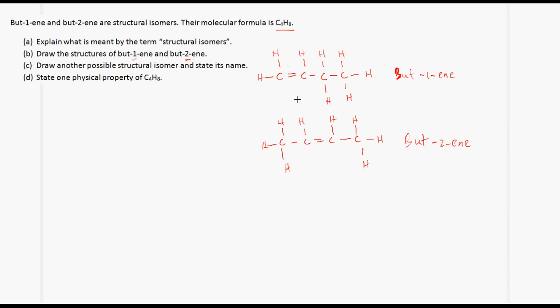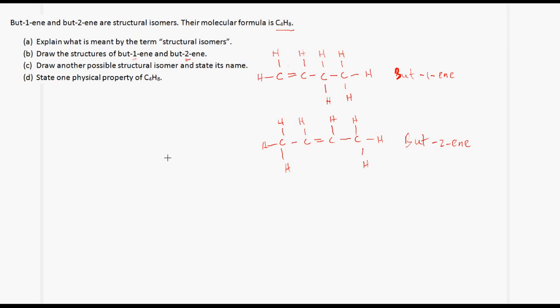Now, if we notice in the first structure that we have here, we have the double bond on the first carbon atom, and then in the second one we moved it to the second carbon atom.